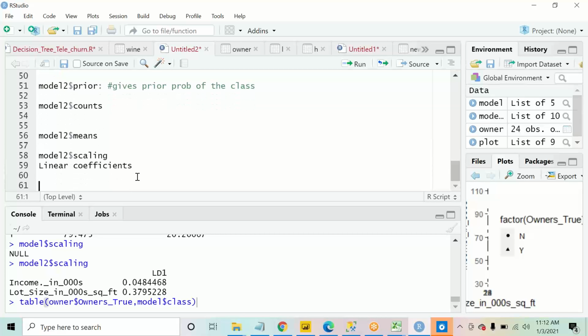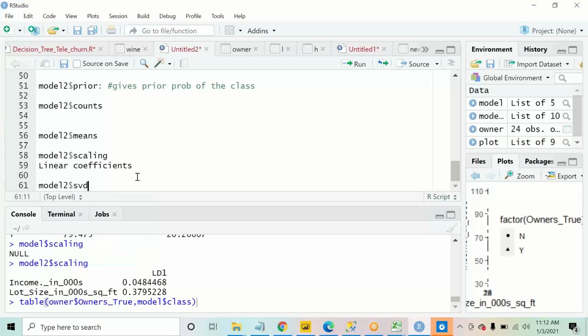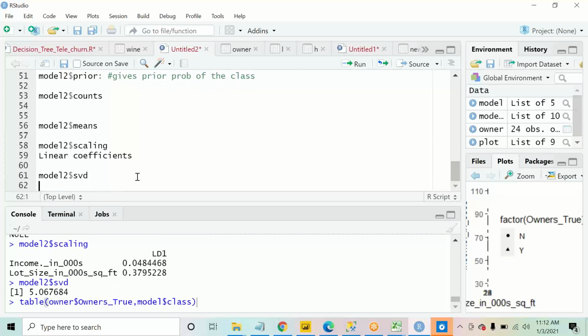Okay. Then the next thing that we use over here is model2$svd, that is SVD. So what is SVD now? SVD is something that is called the ratio of between and within group standard deviation of the variables.